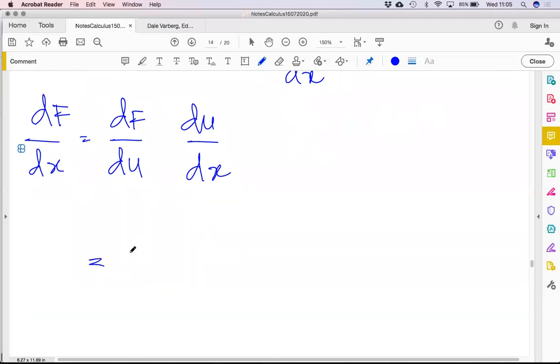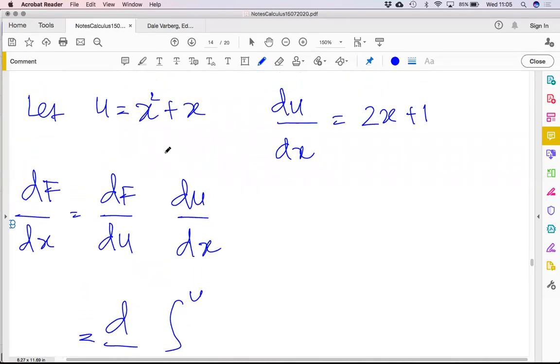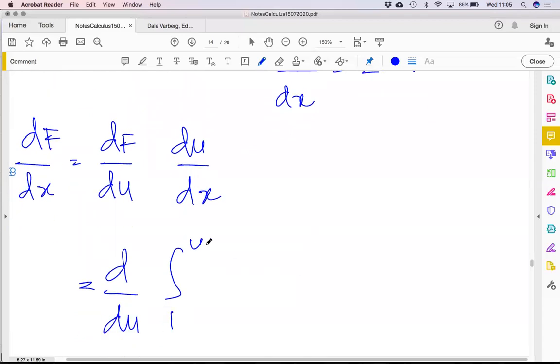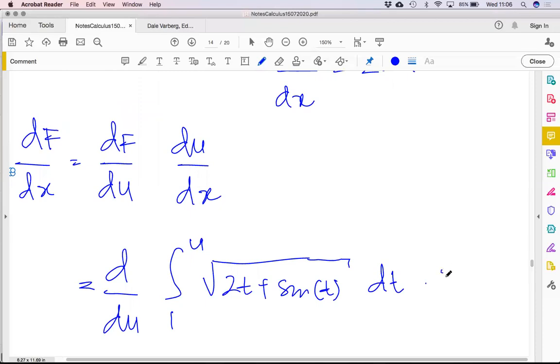So this is nothing but d/du of the integral from 1 until u, because now we assume that x squared plus x is u, of the square root of 2t plus sin t, and then multiply by du/dx, 2x plus 1.